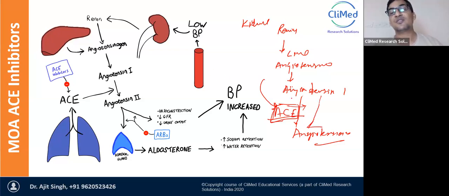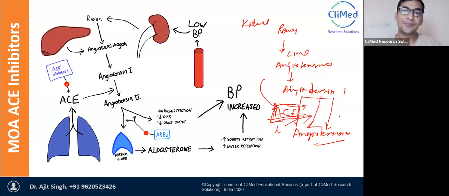This entire mechanism takes place in the lungs, and the ACE inhibitors, ramipril, enalapril, will stop the conversion of angiotensin 1 to angiotensin 2. So there will be no angiotensin 2, and there will be no actions on the sympathetic nervous system, the adrenal gland or the kidney.